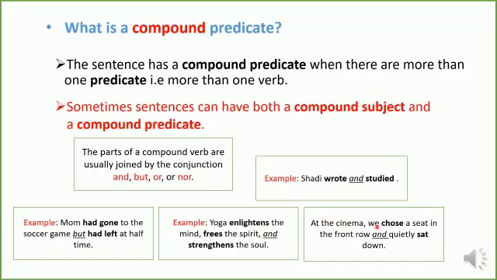At the cinema, we chose a seat in the front row and quietly sat down. Chose and sat, here we have 2 verbs in the same sentence. These 2 verbs are connected by the conjunction and, so here we also have a compound predicate. So we can notice that whenever we have more than one verb in the sentence, this is a compound predicate.